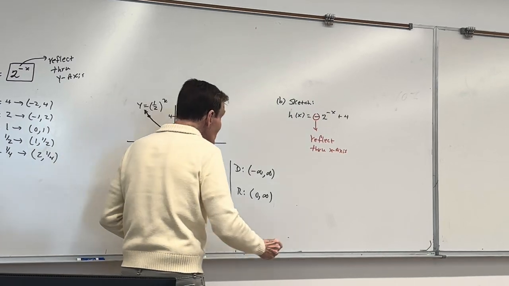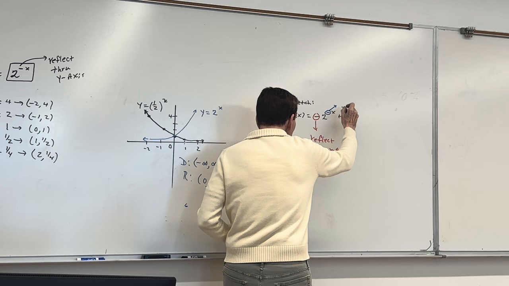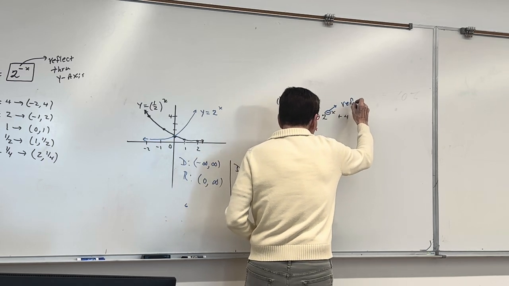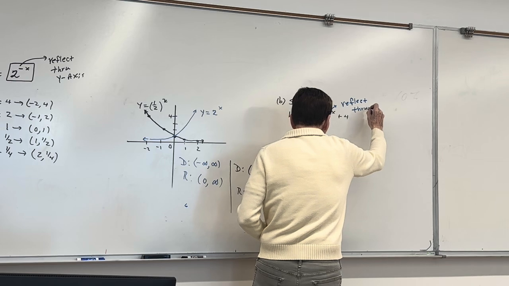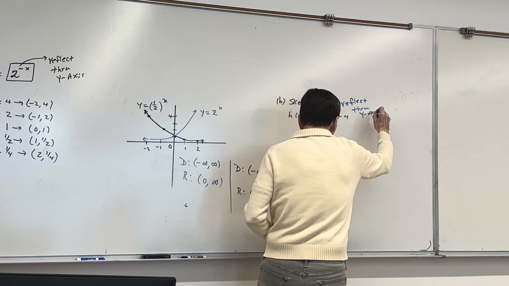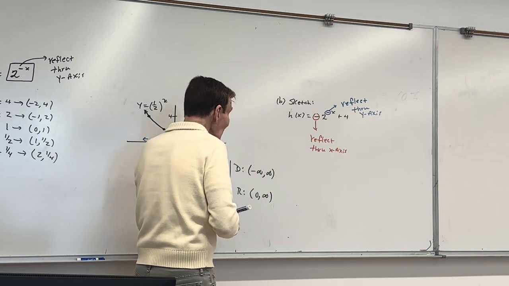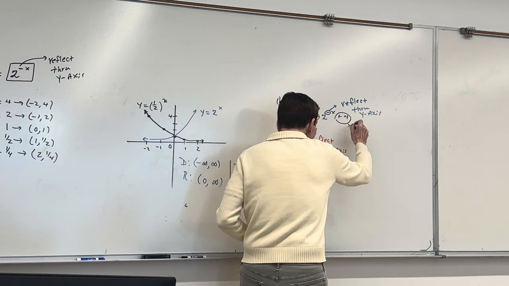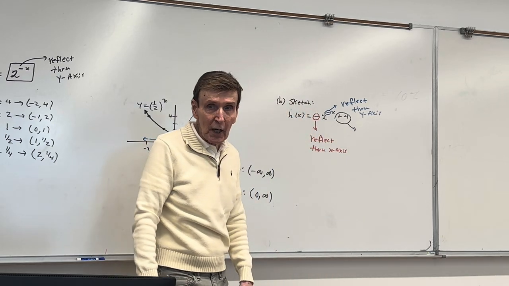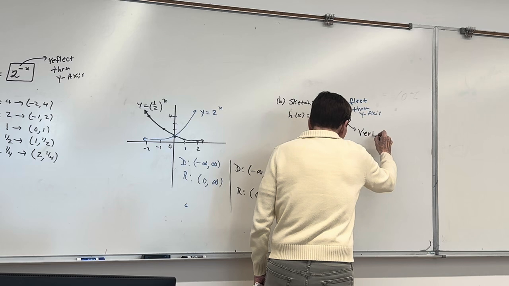Now I see, yeah, it will. This is another reflection through the y-axis. And let's put that +4 in black. Finally, this means a vertical shift up 4. We've done these transformations.